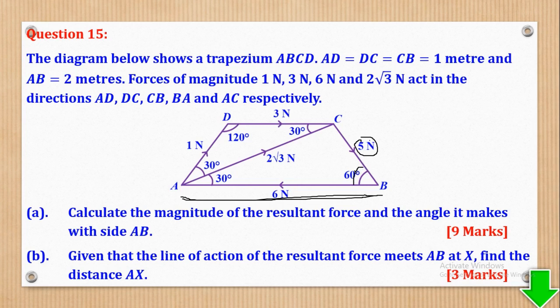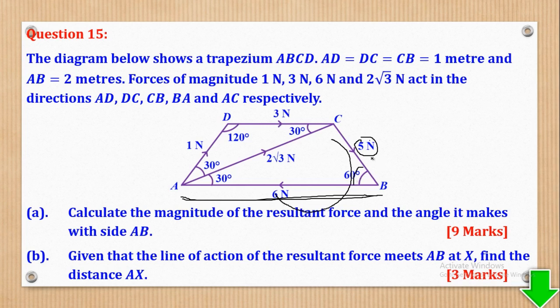Then after doing that, I have to ask myself, is the moment clockwise or anti-clockwise? So if you look at this force, it is taking it in a clockwise direction. Therefore, because the direction is clockwise, remember anticlockwise has a positive sign and clockwise has a negative sign. What does that mean?